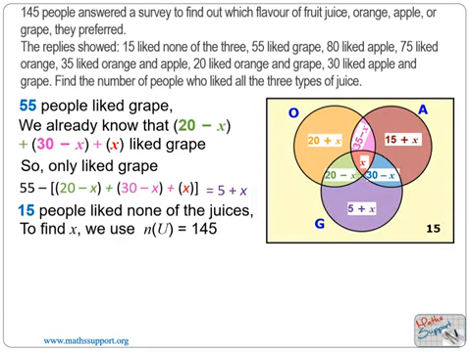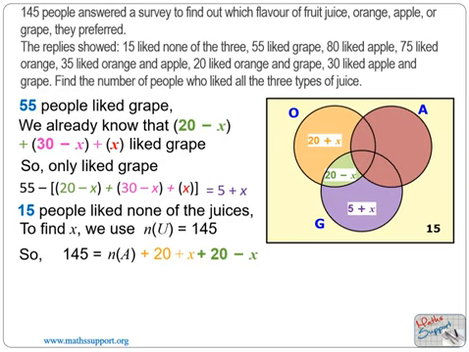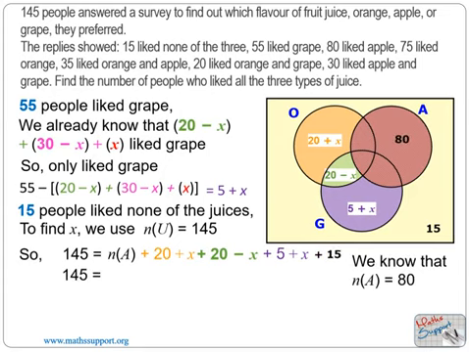So to find X, we use the total, n(U), which is 145, the total people that answered. So 145 will be equal to the number in A plus 20 plus X plus 20 minus X plus 5 plus X plus 15.